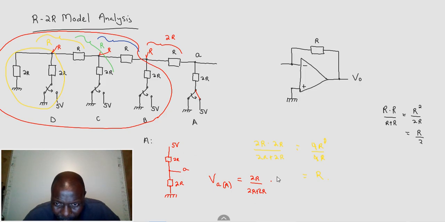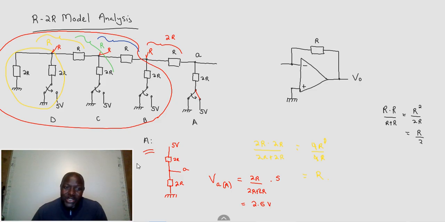That is our usual formula, and that will give us obviously 2,5 volts. All you've done here is analyze the one source, just A. You've only looked at A. So A gives us 2,5 volts at that point.